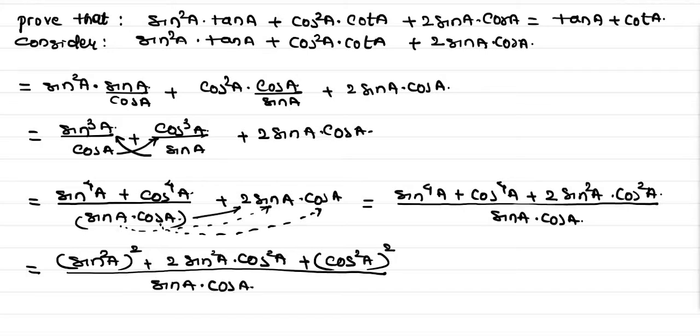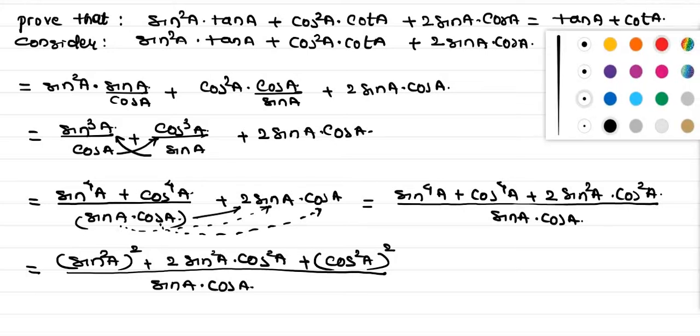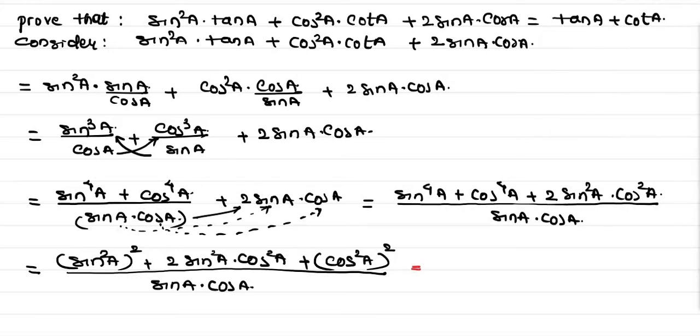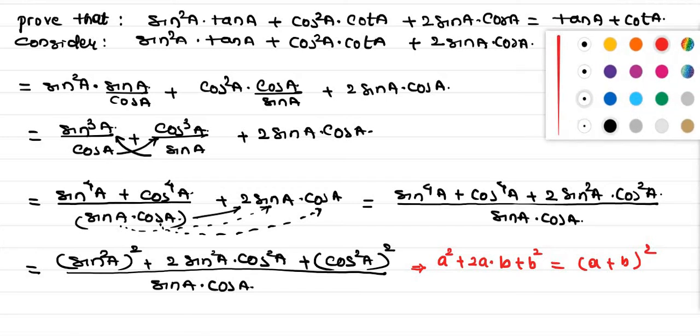Now you can see the numerator is of the form a square plus 2ab plus b square, which can be written as a plus b bracket square. You compare the terms. In place of a I have sin square a, in place of b I have cos square a.